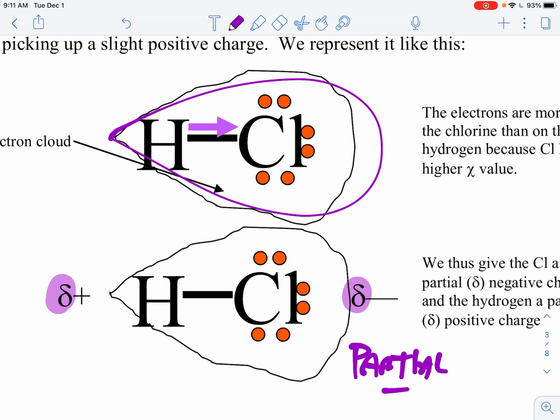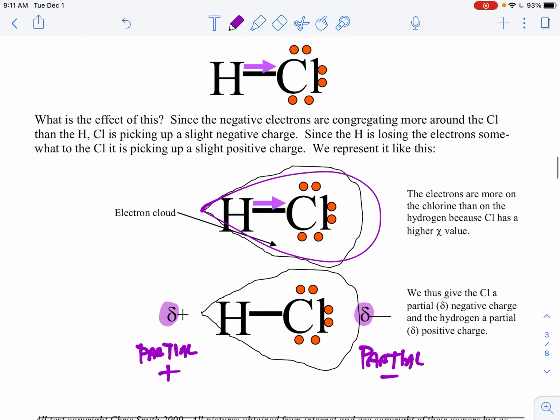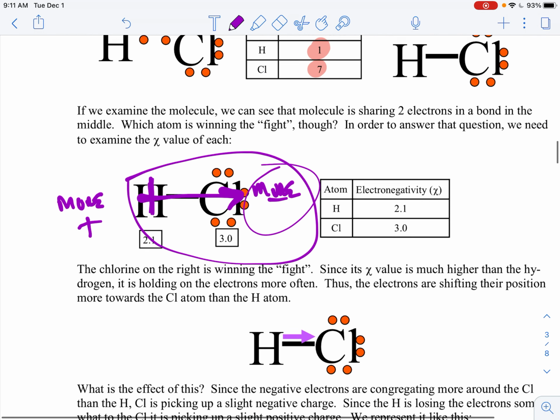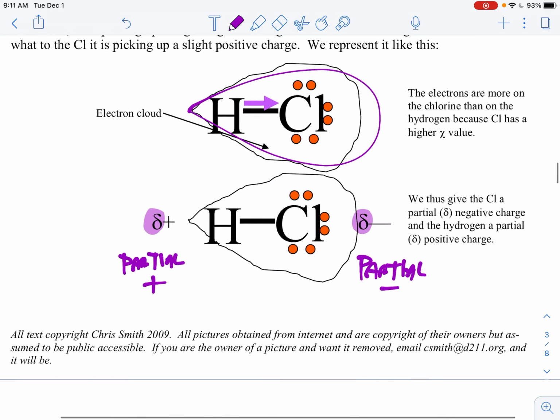So that is a partial negative, and this over here is considered to be a partial positive. Because if it was a full negative and a full positive, we wouldn't be covalent anymore, we would be ionic. So what we've got here is unequal sharing of the electrons within the cloud.